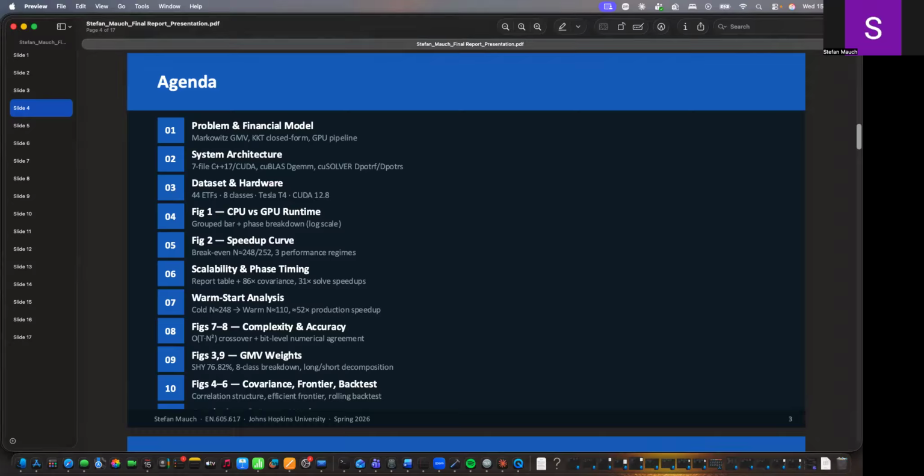We have the financial model and the global minimum variance computations, the systems architecture and the GPU pipeline, and the data set and the hardware setup. And I will show you some speed-up curves, runtime GPU versus CPU, the target or final portfolio weights in the end, and also a frontier and the backtesting results.